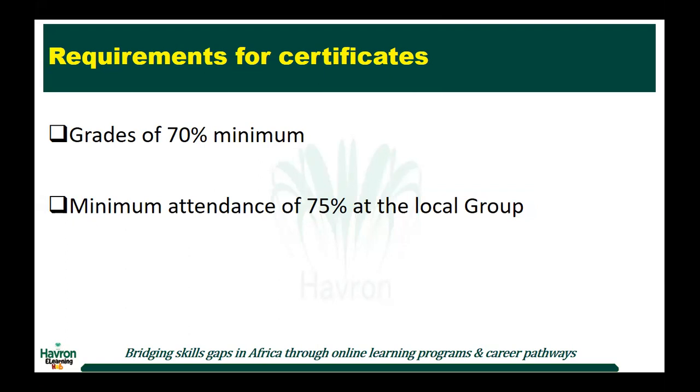So if you have 100% up to this, don't be surprised your certificate will not be issued. So I urge everyone to try as much as possible to join every meeting we are holding, starting from today.